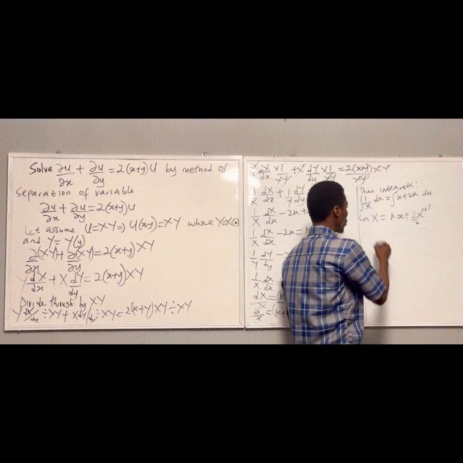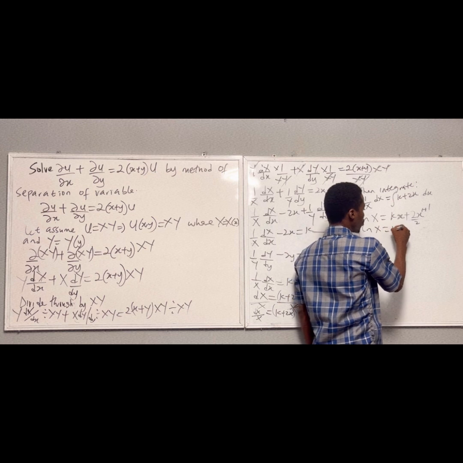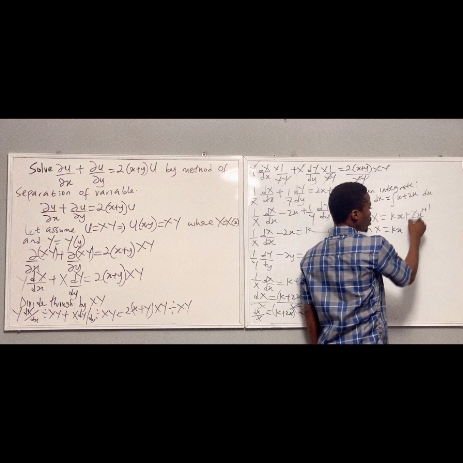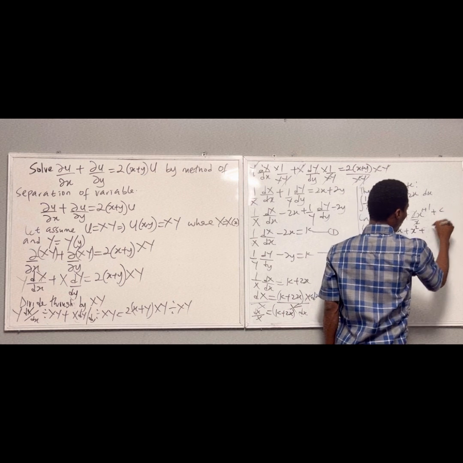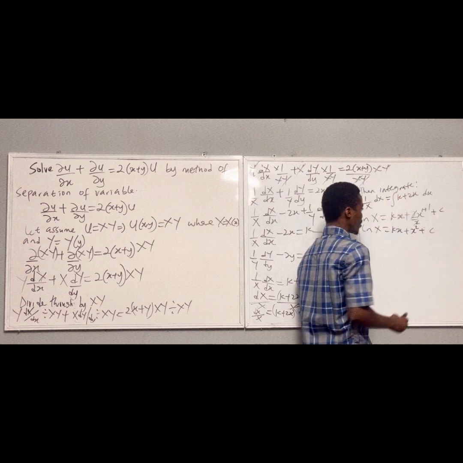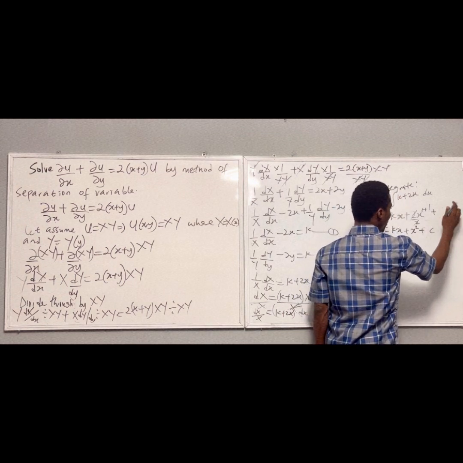So I'm going to have ln x is equal to kx, the 2 will cancel, plus x squared, plus a constant c.